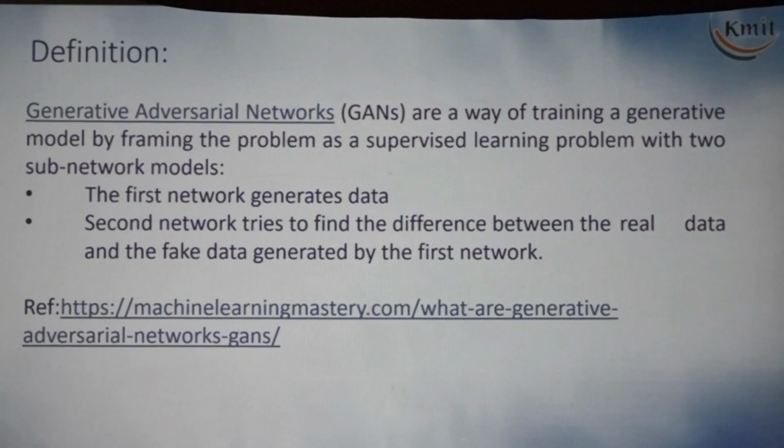Now, generative adversarial network. Here, the name itself will tell you. Adversarial means opponents. We will have opponents. I am trying to generate, someone will stop me: no, you are wrong. I will generate, someone will say that you are wrong.